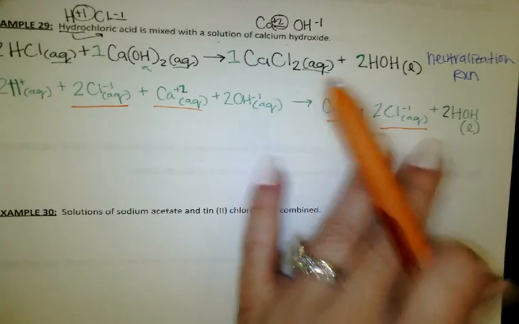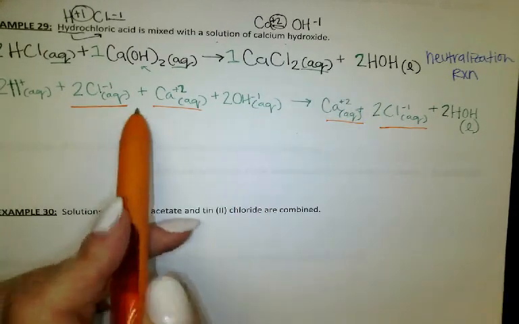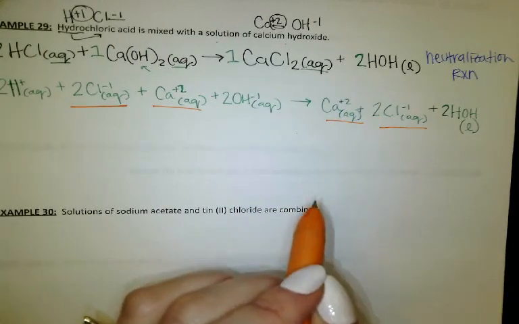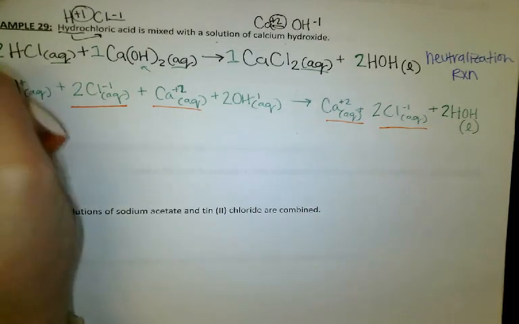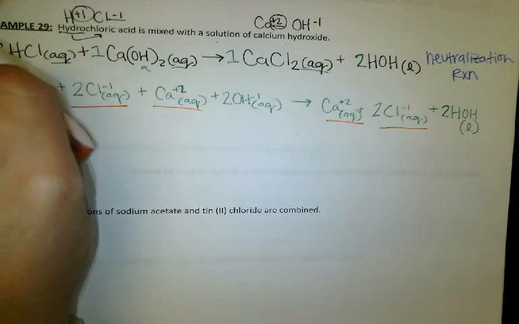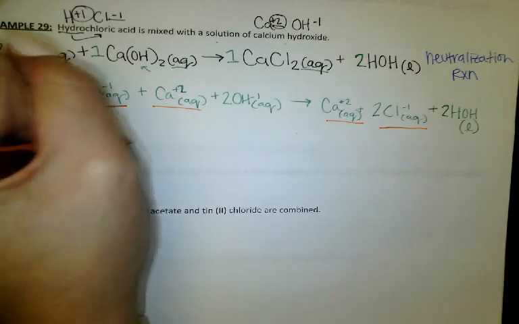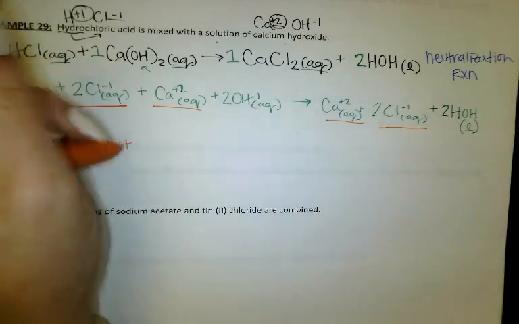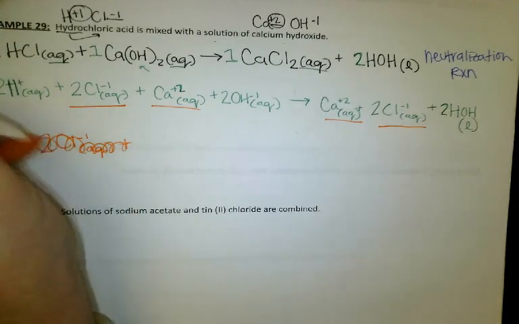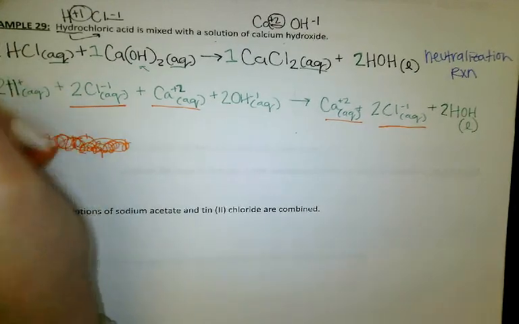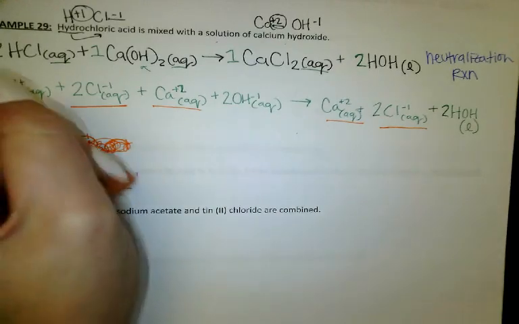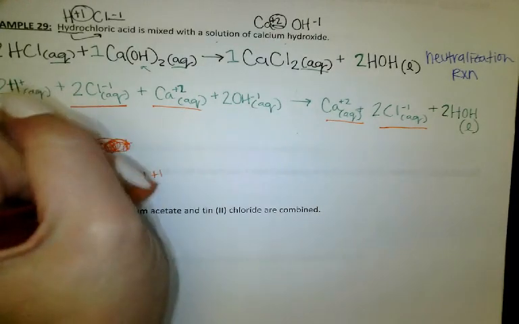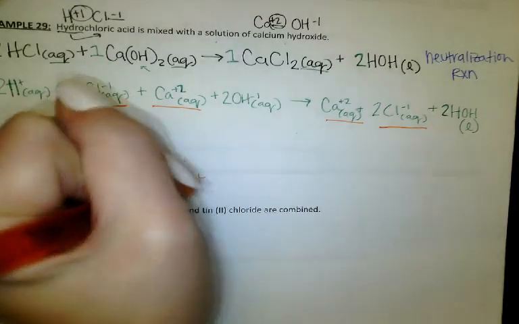Okay, so it's going to be 2 chloride ions. No, wow, it's been a day. That's the spectator, duh. Okay, so we got 2 hydrogen ions plus 2 hydroxide ions yields 2 waters.